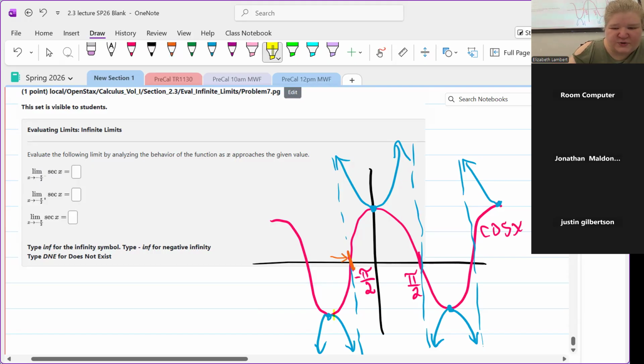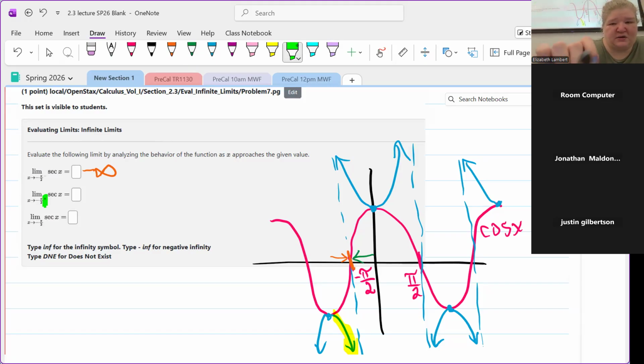From the left, we look at our secant graph, and it's shooting down to -infinity. But then we look from the right. As we approach -pi over 2 from the right, the secant graph shoots up to positive infinity. So I got a negative infinity and a positive infinity.